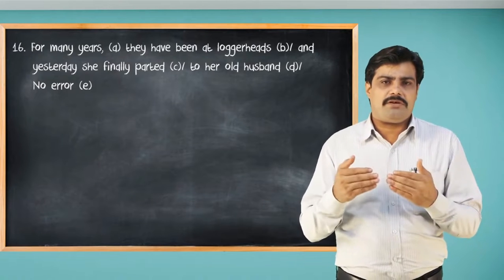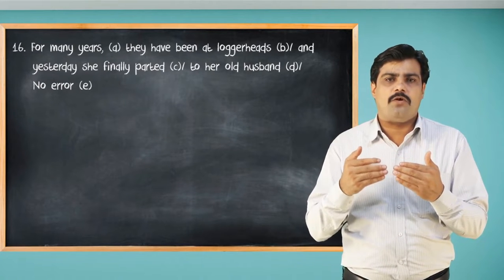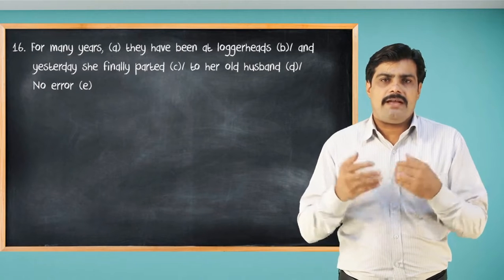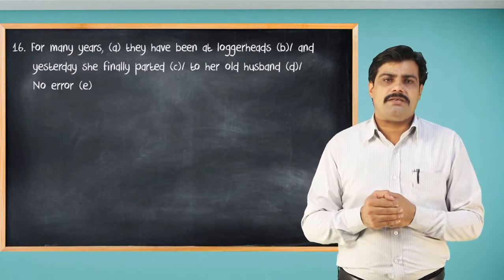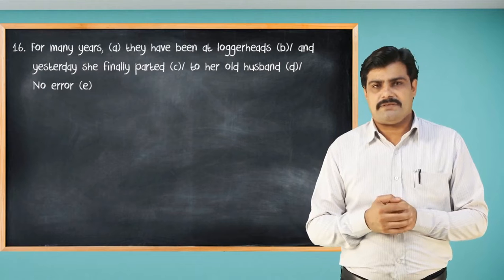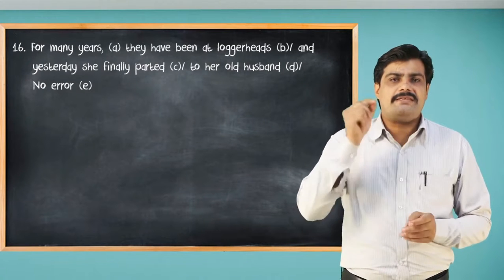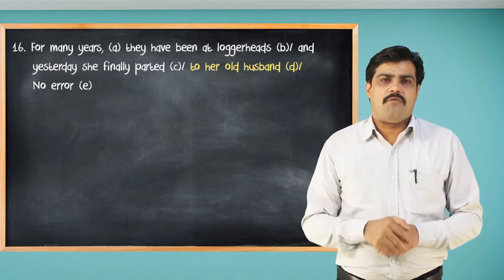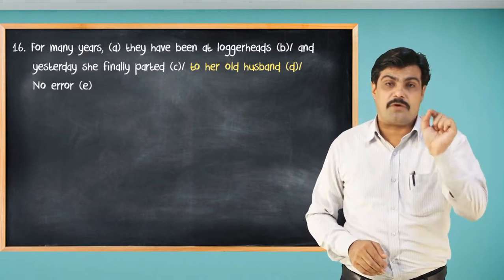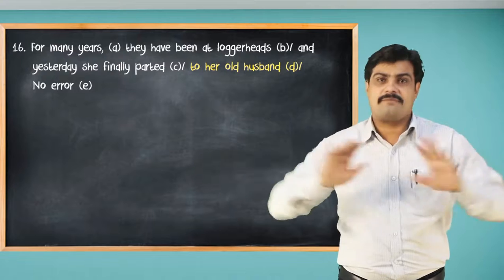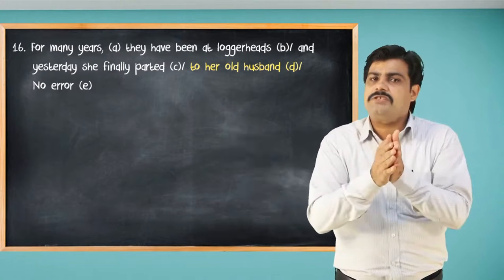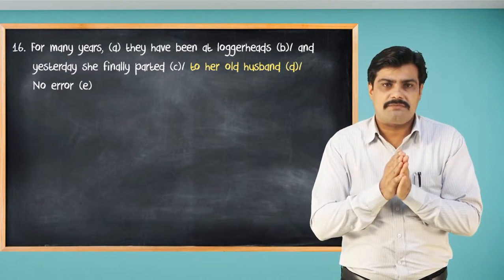Let's take another sentence. For many years they have been at loggerheads, and yesterday she finally parted to her old husband. Now in this sentence you see there is an error in part D. We always use preposition from for separation and to for unification. We have already read in the rules.